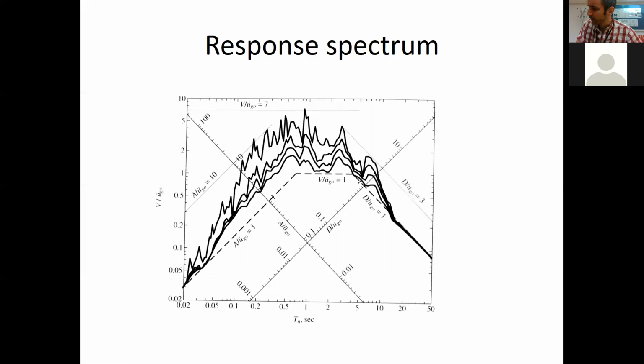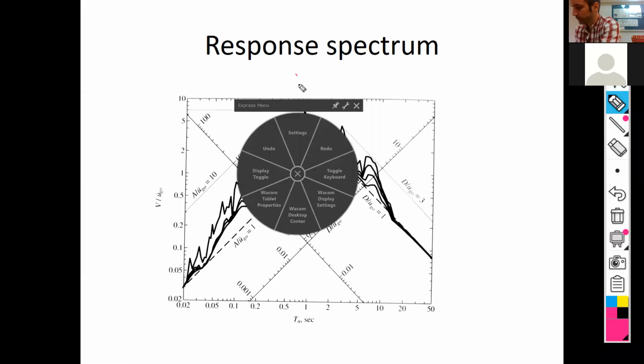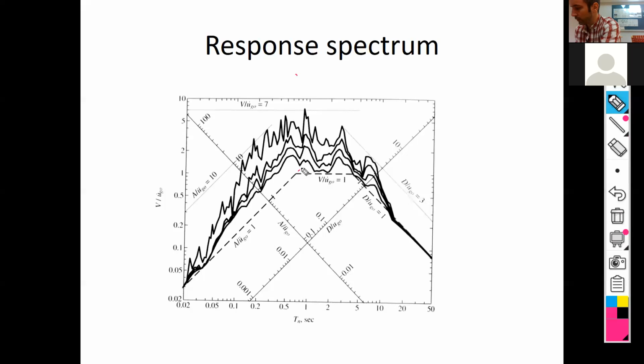This is again the same graph, but here we can notice something. If I draw in this graph the ground acceleration, if someone were asking me about the ground acceleration, it will be here, right? This is the maximum acceleration of the ground. And this line continues here. The maximum acceleration of the ground is constant.